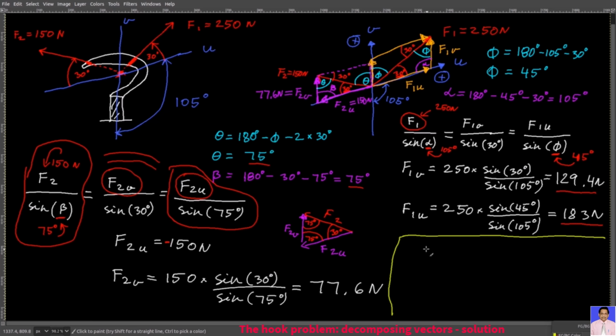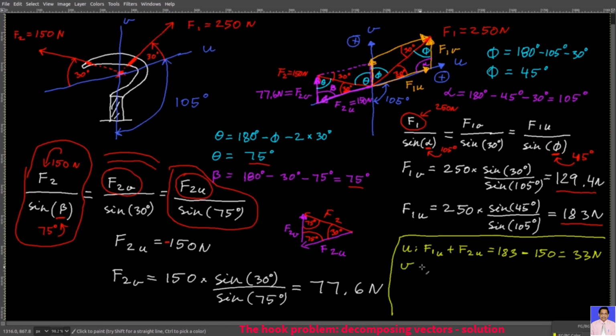And now if you want to, you can add up the components along the u and v axis. Let's say the total force along the u axis is the following. F1u plus F2u, that's 183 newtons, minus 150 newtons, because you can see that these components are in the opposite directions, and that will give you plus 33 newtons.